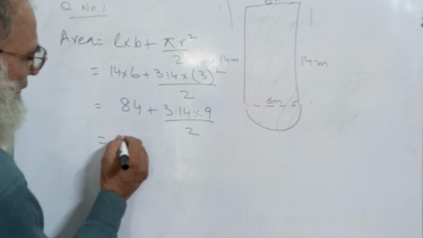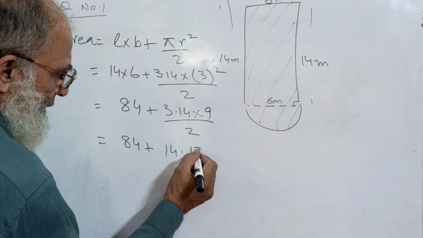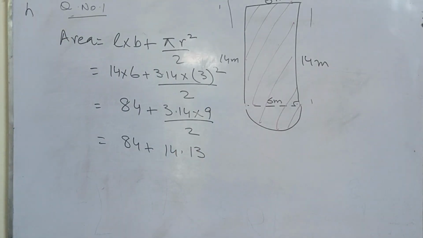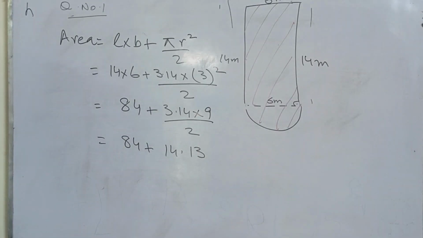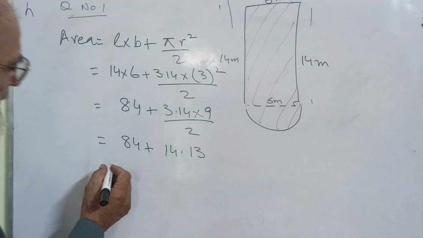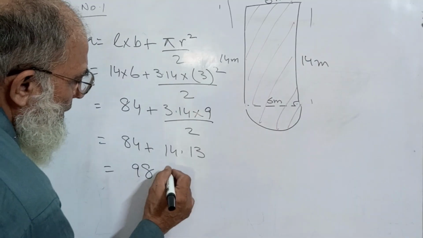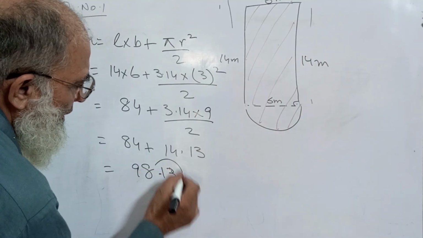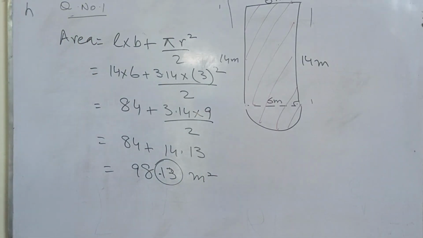So this will become 84 plus 14.13, and adding this with 84 will become 98.13. You can skip this and write 98 only.